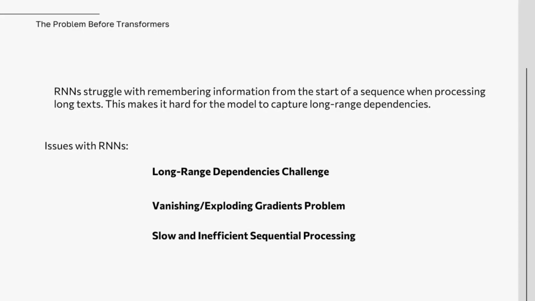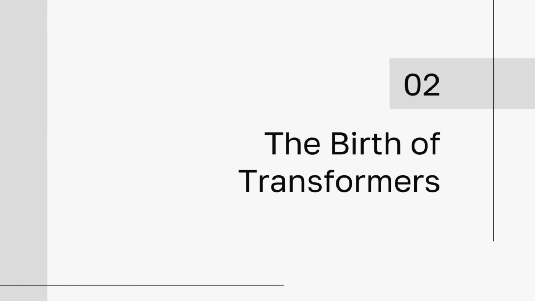Now, we have seen how earlier models struggled with issues like long-range dependencies and insufficient sequential processing. Next, we'll explore how transformers were born and the key innovation that changed everything, the attention mechanism. So let's look at how this development paved the way for modern AI advancements.